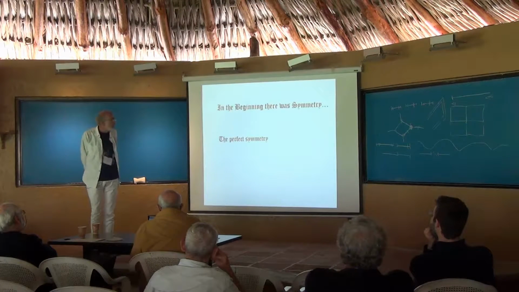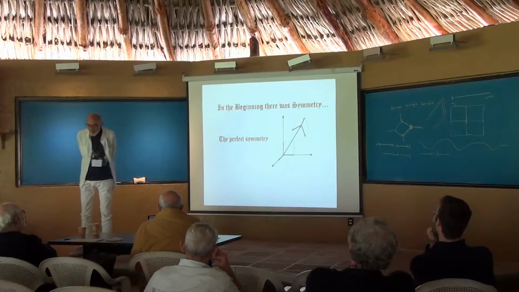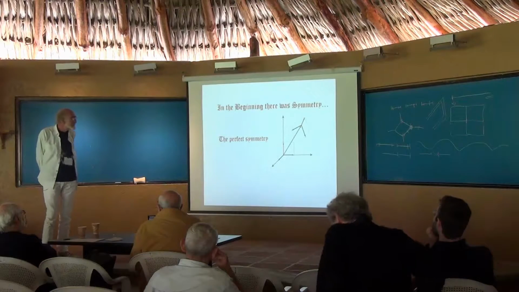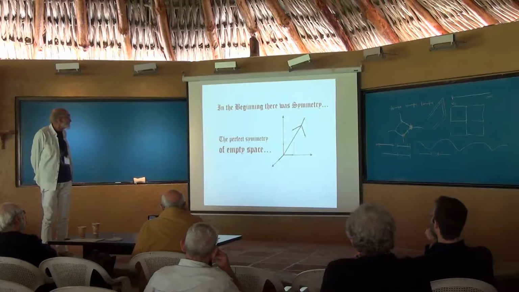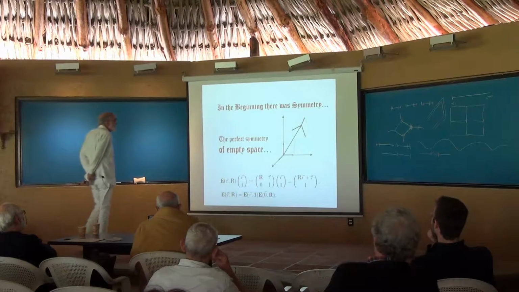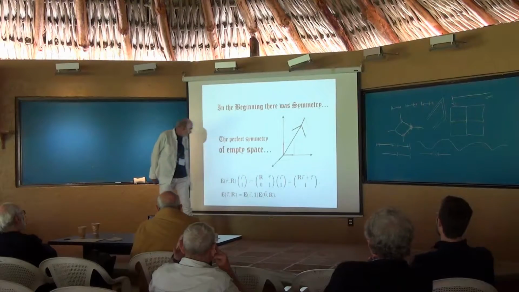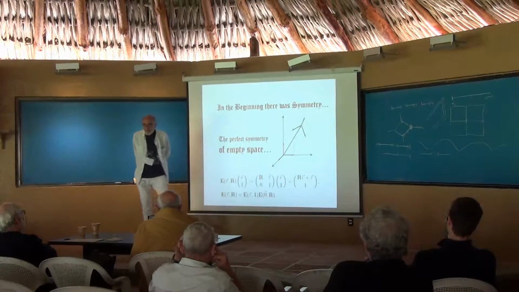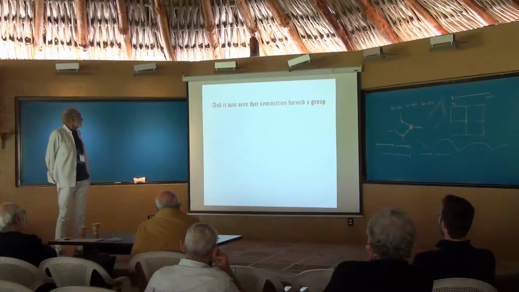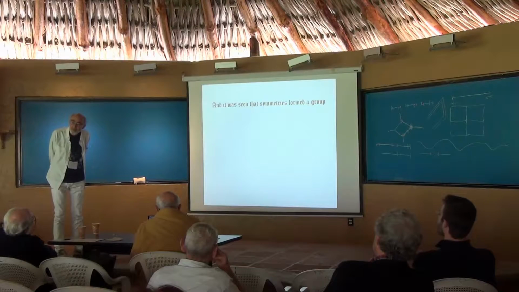Perfect symmetry. Now, of course, you may think, well, it's trivial because it's the symmetry of perfect vacuum, nothing in it, of empty space. Well, this is the symmetry of empty space. It's a 4x4 matrix. Here we have rotations and translations, and of course the product. Now, it was seen that symmetries form a group.